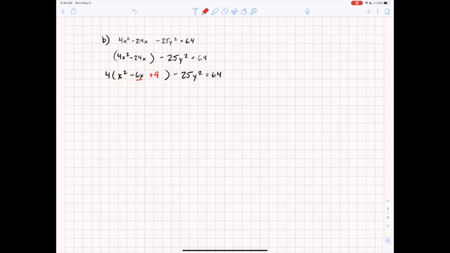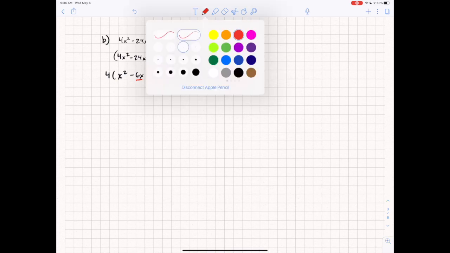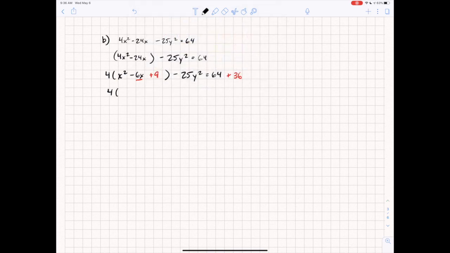And this is where, again, I'm not just adding 9, but I'm adding 4 times 9 because of the multiplier. So I'm really adding 36. So I need to make sure that's what I put on the other side. So that way now I can go through and actually factor. This would be x minus 3 squared minus 25y squared is equal to 100.